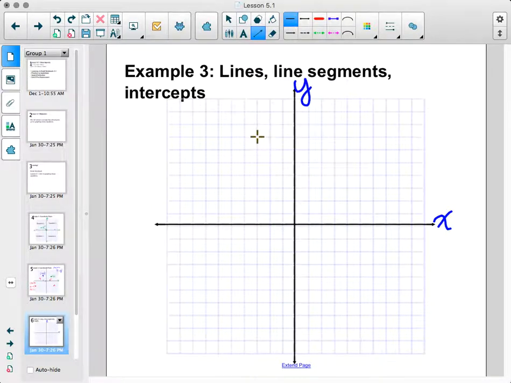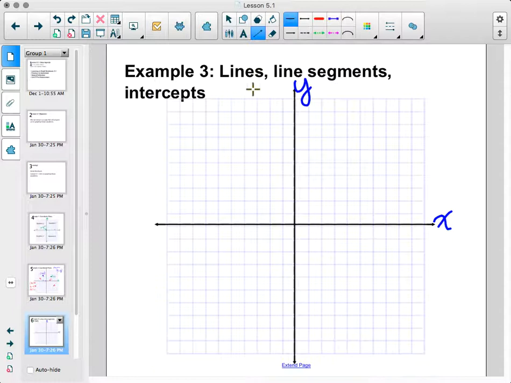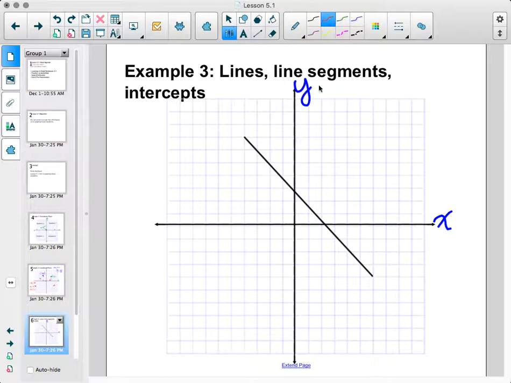So let's say we're going from this point to this point, and it actually ends. That's a line segment. So going from this coordinate to this coordinate, this is what we call a line segment.